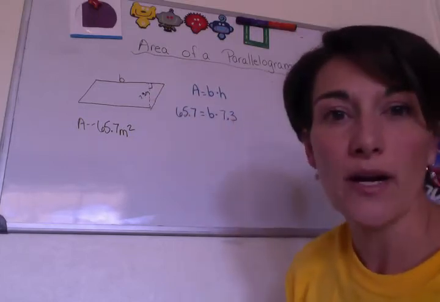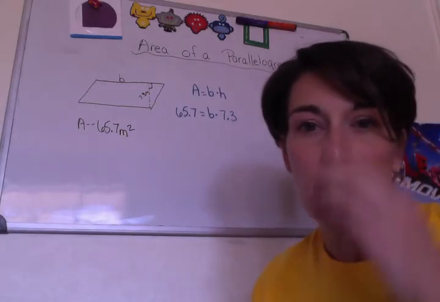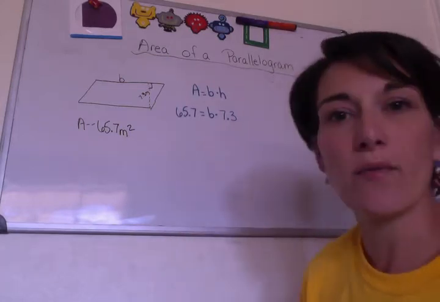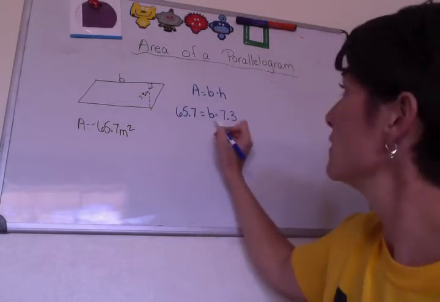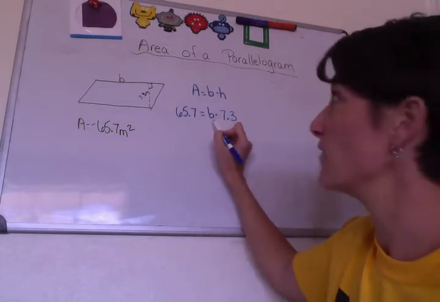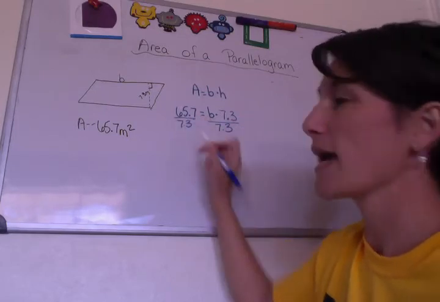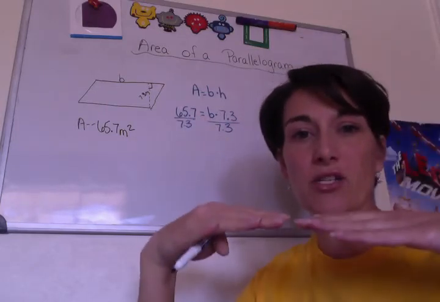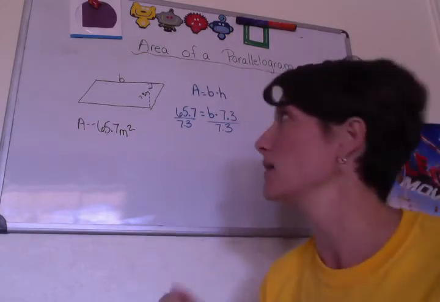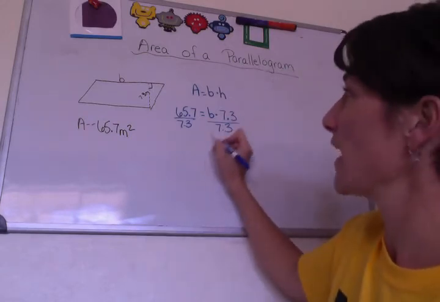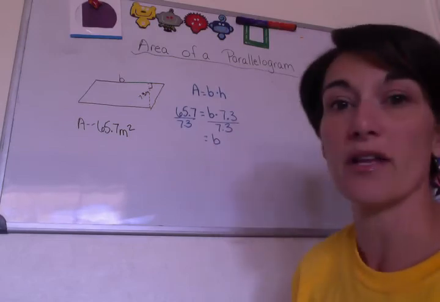As we go back, we're kind of going back into algebra, and remember, if it's a multiplication problem, we're going to solve with the inverse operation. The inverse of multiplying is to divide. So I'm going to divide both sides, because remember, with hands-on equations we want to make sure that we do it to both sides, otherwise our balance is going to get tipped. When I divide these two, I'm just left with my variable of b.